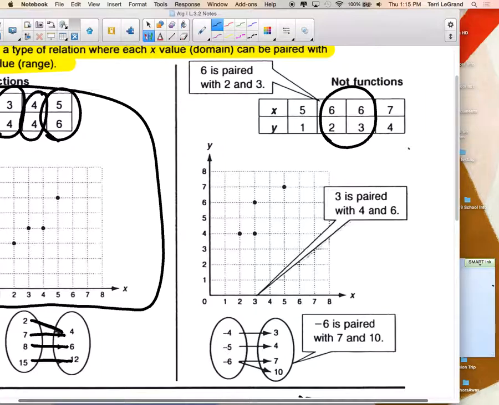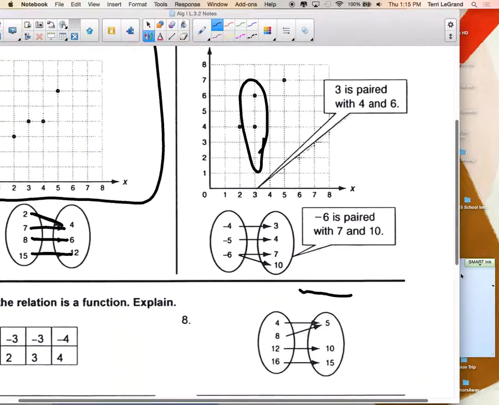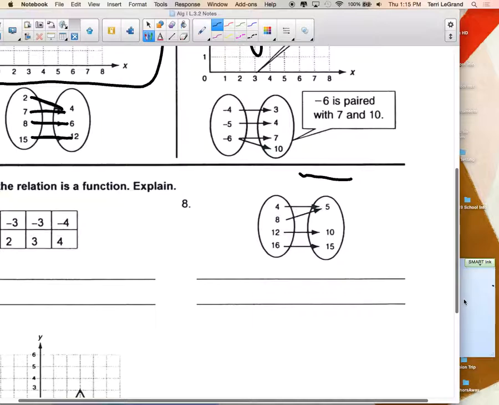Look at our graph. What's true when x is 3? 2 different y values. Let's look at our mapping diagram. Which one breaks the rule on that one? -6, right here. -6 is mapped to 2 different y values, so that makes it not a function.